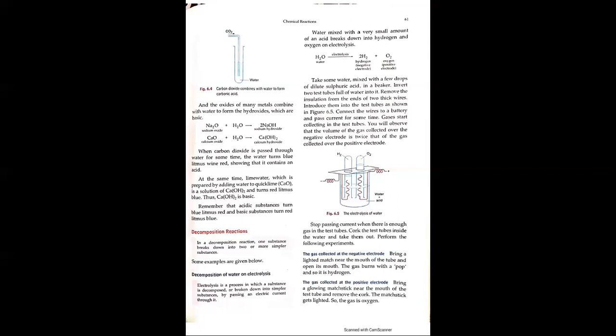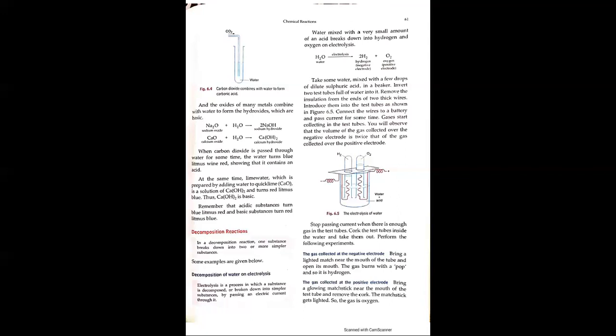You will observe that the volume of gas collected over the negative electrode is twice that collected over the positive electrode, because when water is formed, we use 2H2 plus O2, so more hydrogen is used. Similarly, on the negative side we can see more hydrogen gas is collected as compared to oxygen. When you stop passing the current, cork the test tubes inside the water and take them out.